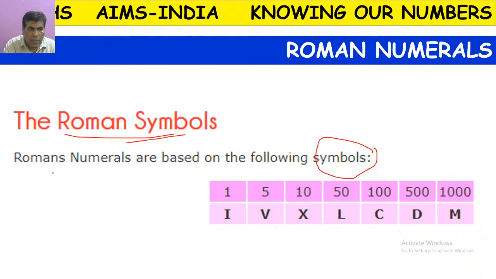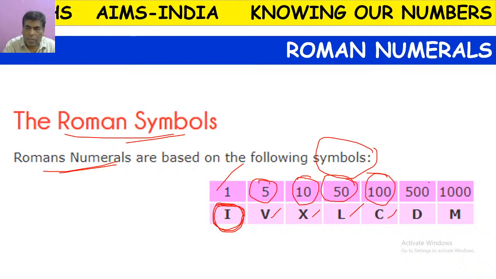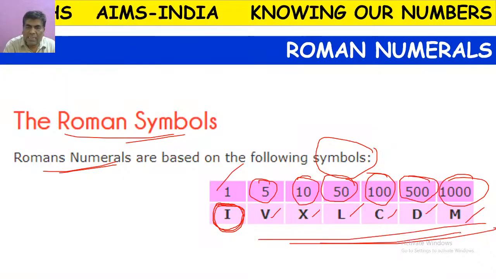Where in the Hindu-Arabic number system 1 is there, in the Roman system it is represented by I. 5 is represented by V. 10 is represented by X. 50 is represented by L. 100 is represented by C. 500 is represented by D. 1000 is represented by M. These are the basic symbols of the Roman numeral system.